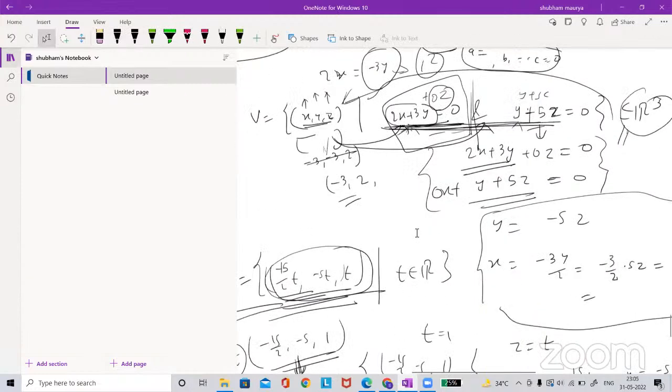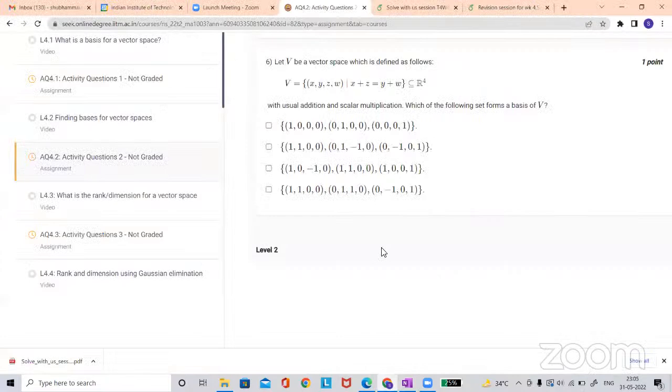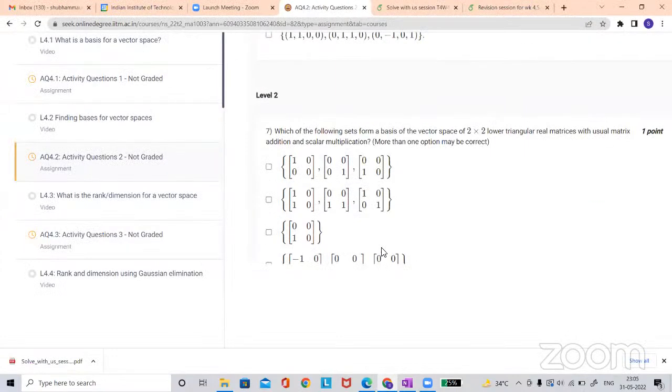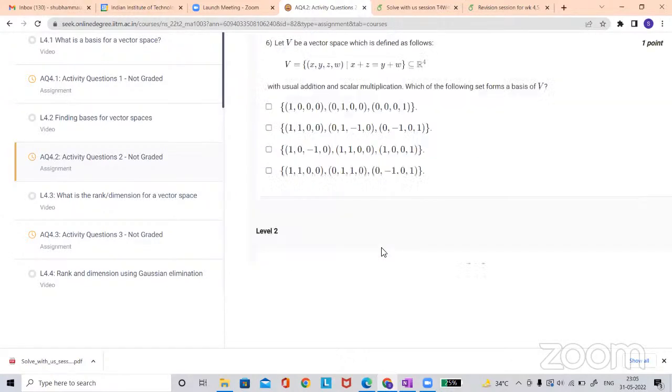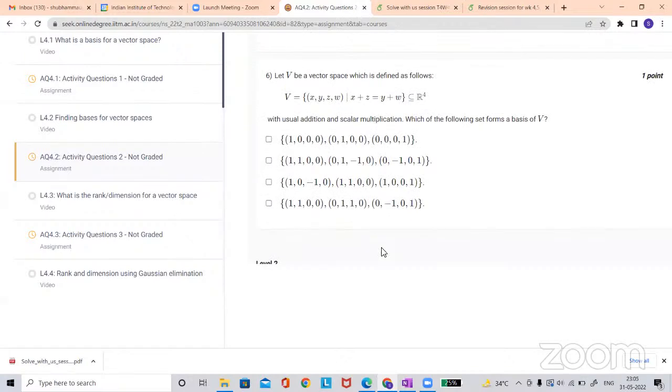In this question, I need to assume z or x, y, z from any one of the rest, w. Sir, hello, sir. Sir, actually, I am always confused about considering dependent and independent variables in row reduced echelon form.